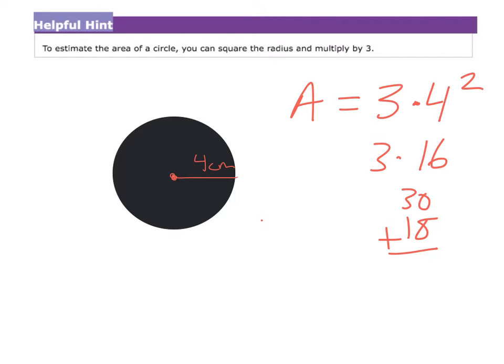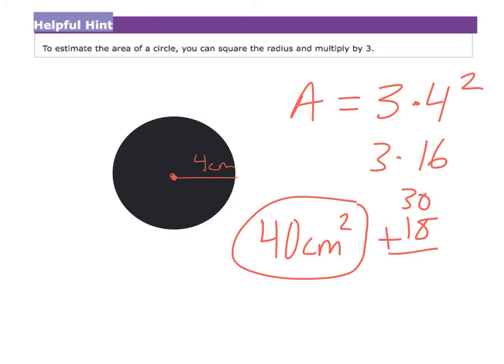So an approximate area for this one would be 40 square centimeters. Sometimes it's helpful to be able to estimate and just get a rough answer before you do anything with a calculator.